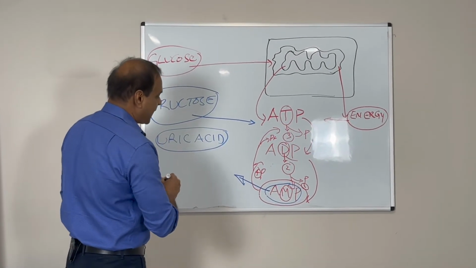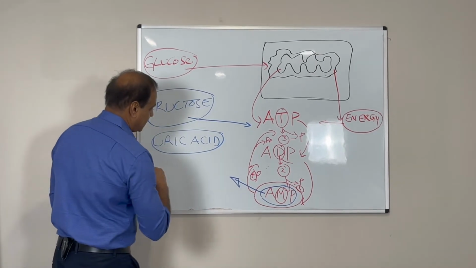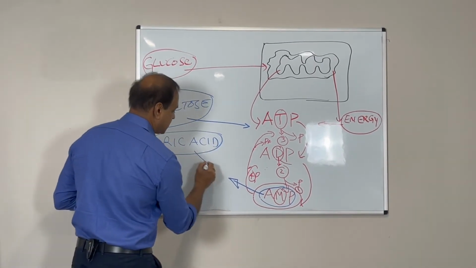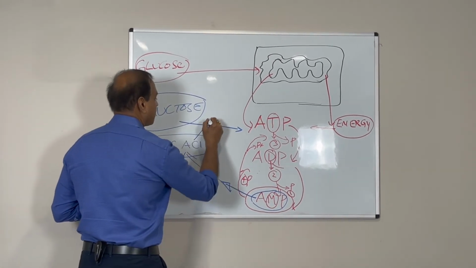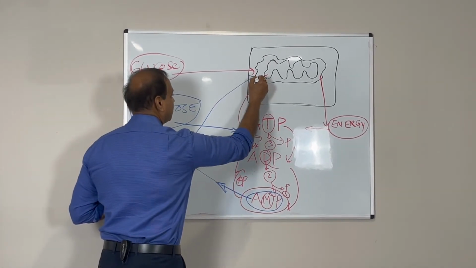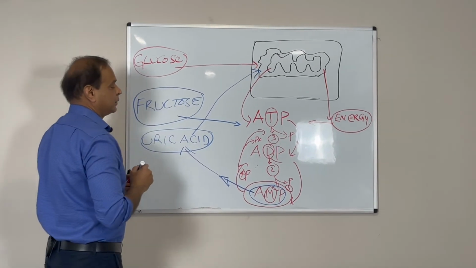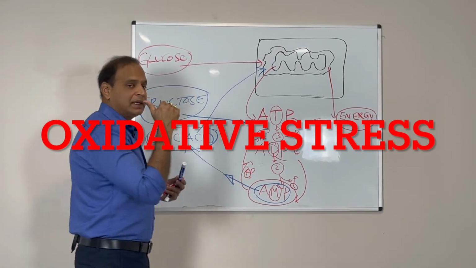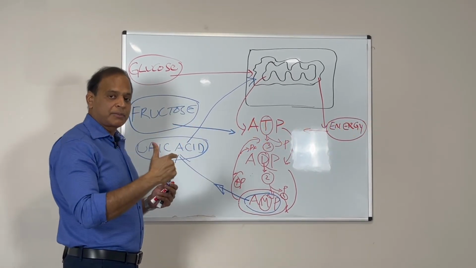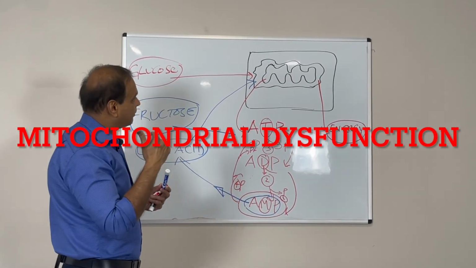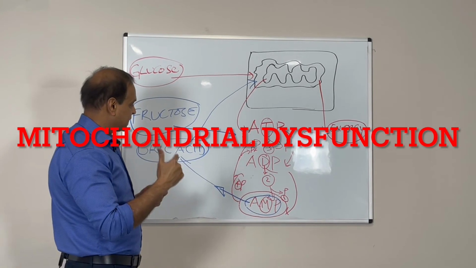Now, uric acid here is the one that causes the problem in the mitochondria, leading to elevated blood pressure, fatty liver, and all the downstream cardiovascular problems, strokes, heart attacks, and things like that.